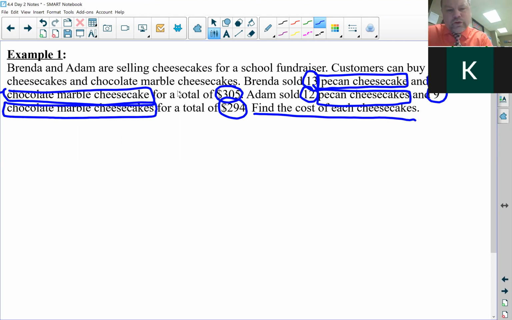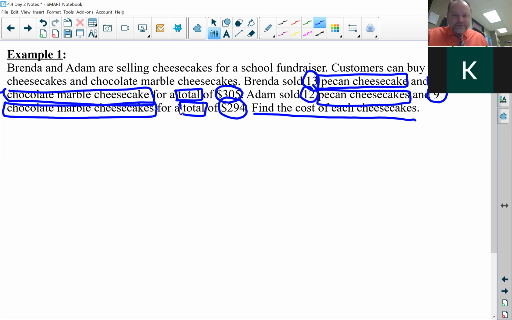The word total might be a keyword. And when I say keywords, I mean keywords for writing your equations and solving your system. School fundraiser might be a keyword for something else, but for the math problem itself, school fundraiser, probably not a keyword in this case.